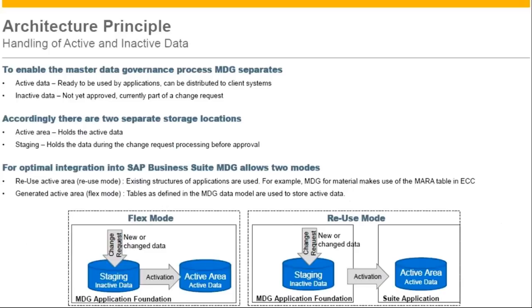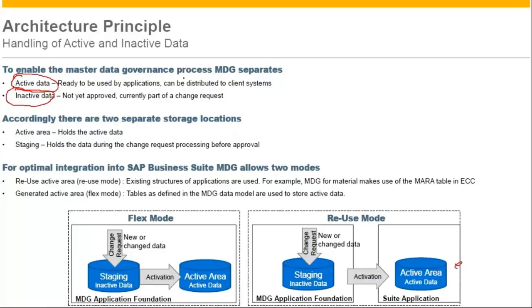Before we go to the data model, I just wanted to give you an introduction, a glance at the architecture principle of active and inactive data. To enable the master data governance process, MDG separates active data and inactive data. Active data is ready to be used by applications and can be distributed to clients.